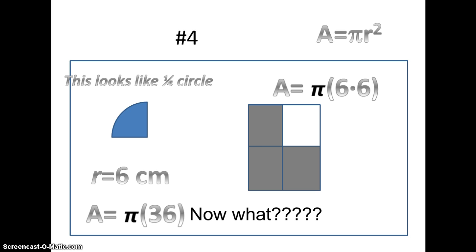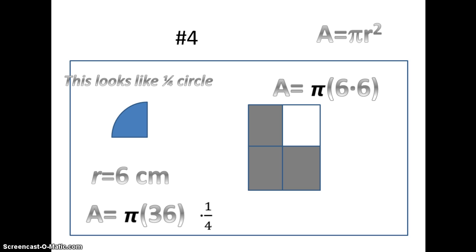But now what? Because we don't want the whole circle, we only want 1/4 of the circle. So if we want 1/4, we can multiply times 1/4, or we can divide by 4. It's the same thing. So we multiply 113.1, pi times 36, that is, times 1/4, or divide it by 4.